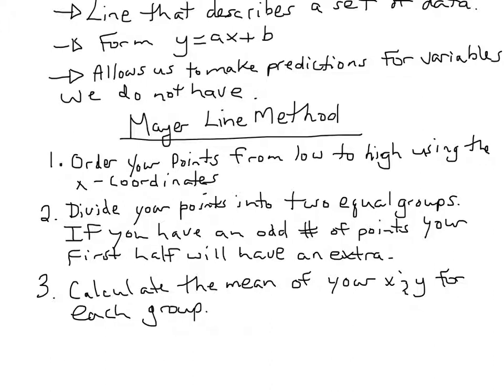That will give you 2 different points. We're going to call them P1, which will have an x1 and a y1 coordinate, and P2, which will have an x2 and a y2 coordinate.